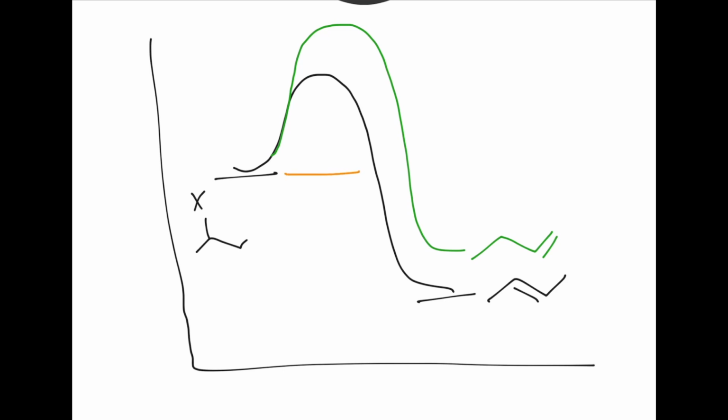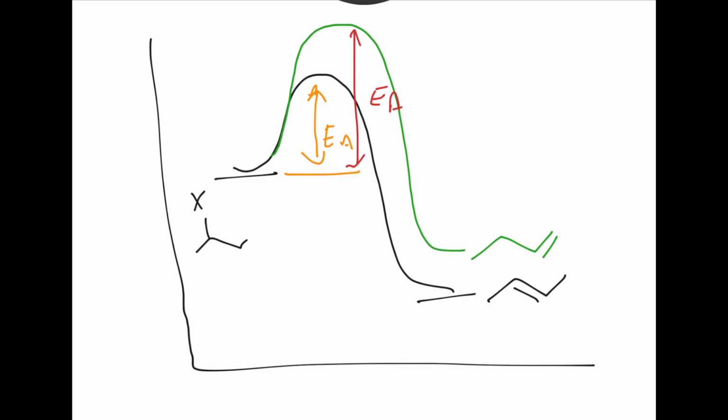So if you remember, the lower the activation energy, the faster the reaction. So the orange activation energy, the one that leads to the more stable double bond, the more substituted double bond, is lower in energy than the activation barrier that leads to the less stable and less substituted double bond.